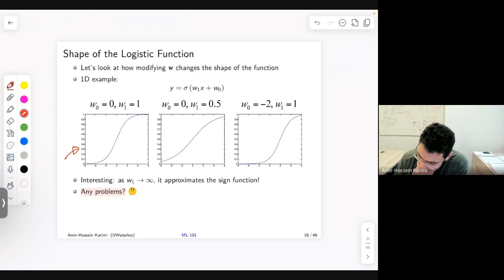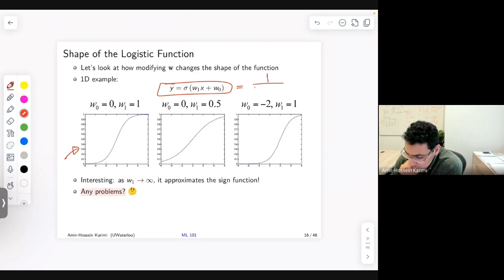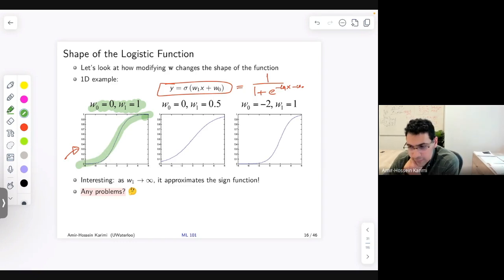So I have Y is equal to sigma of W1x plus W0. That's 1 over 1 plus e to the negative W1x minus W0. For the values that you see here, we get this particular form of the sigmoid function. They're all S-shaped, but it's really about, do we squish or do we expand the S function, or do we shift it in any way?